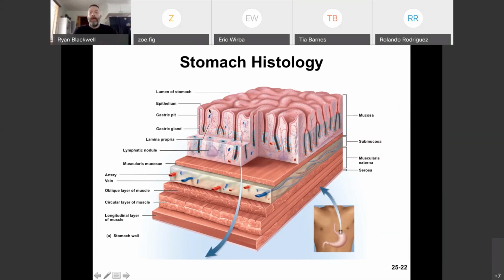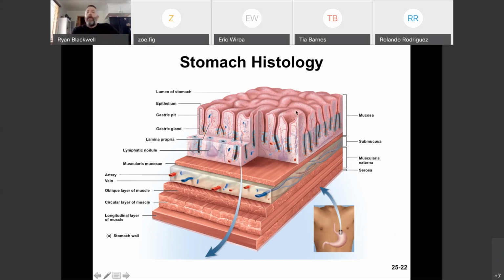So what's unique about the mucosa, the mucous membrane lining of the stomach, is that it contains thousands, maybe millions of gastric pits that lead to our gastric glands. So again, what's the difference between a gastric pit and a gastric gland?